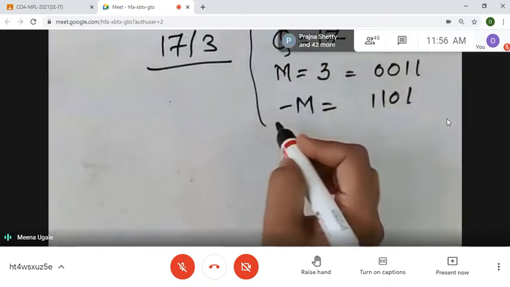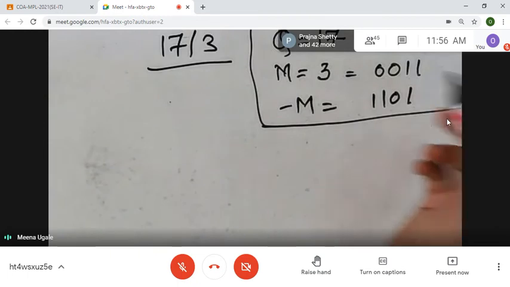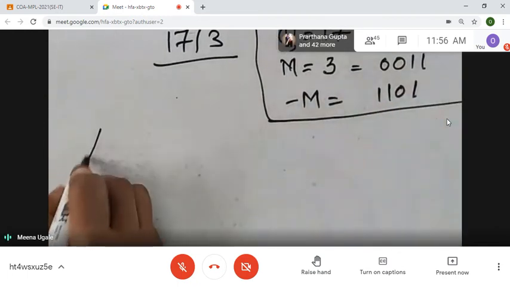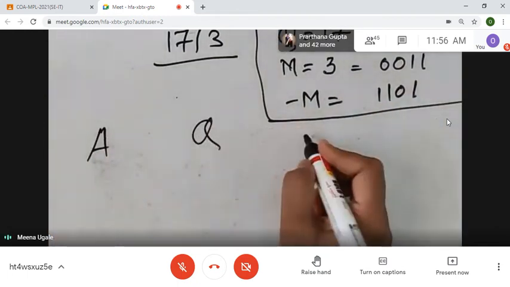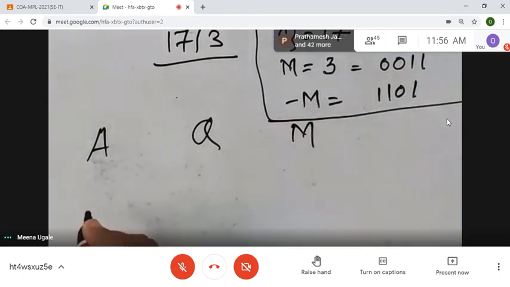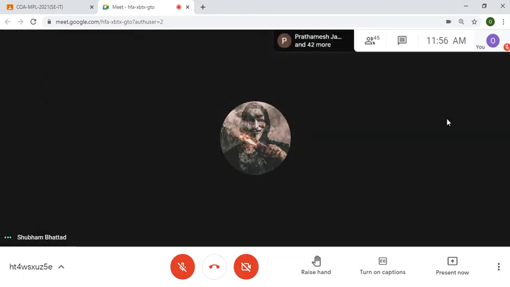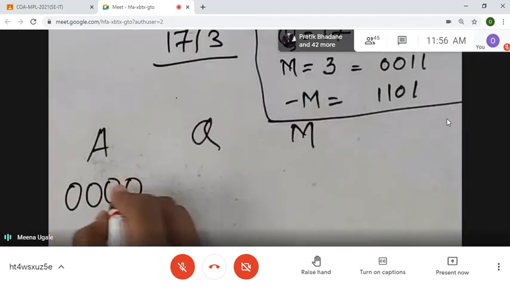So these are your initial values. Write down values for A, Q, and M. Ma'am, A will also be 5-bit or 4-bit only? A will be 4 bits. Now you are not dealing with A and Q anywhere.